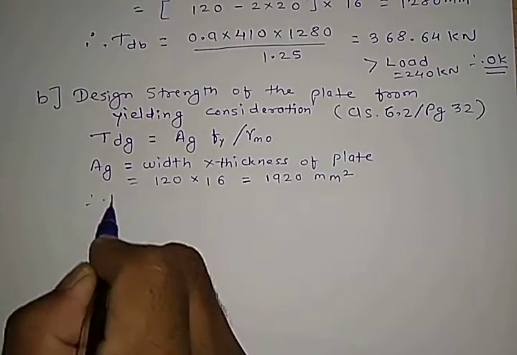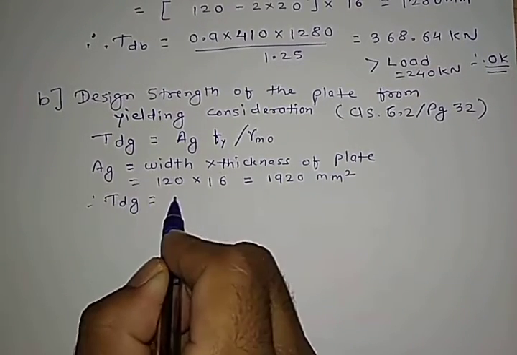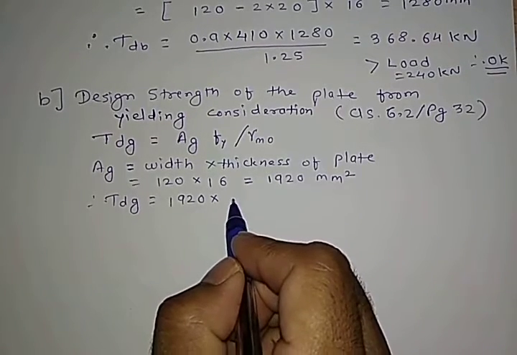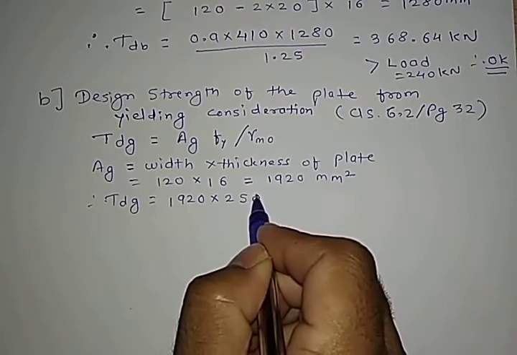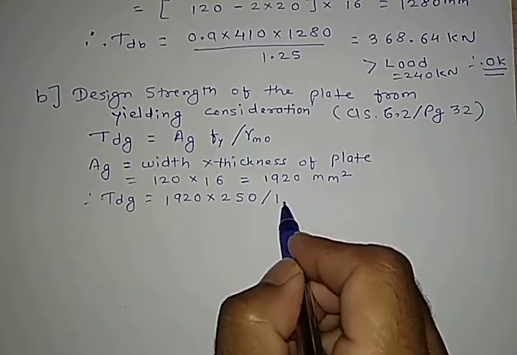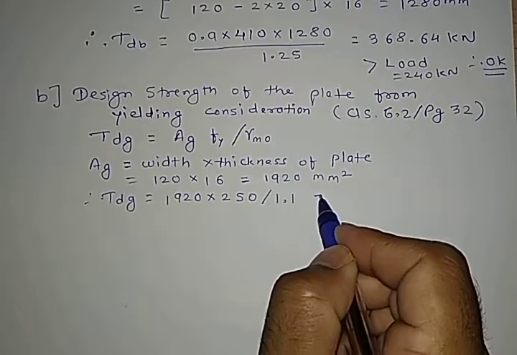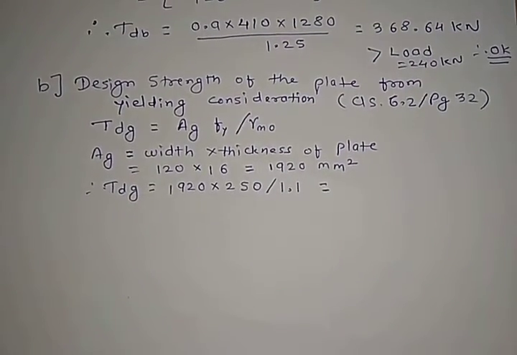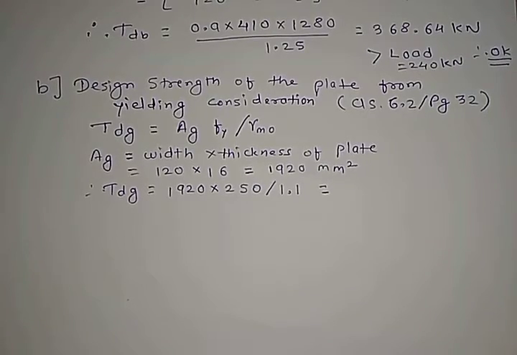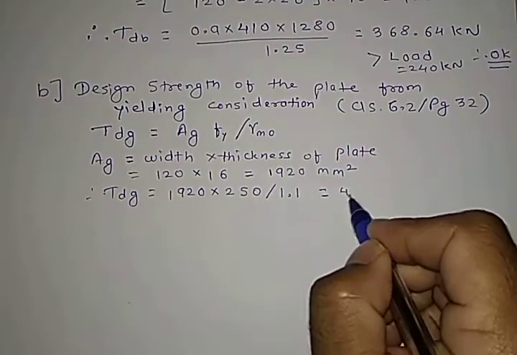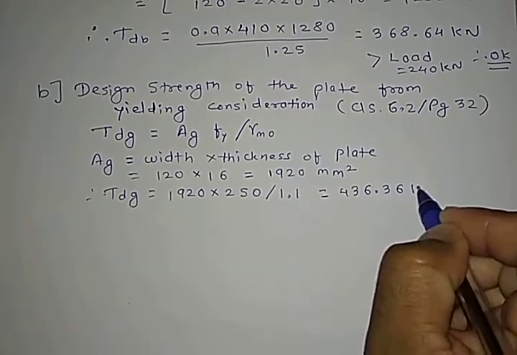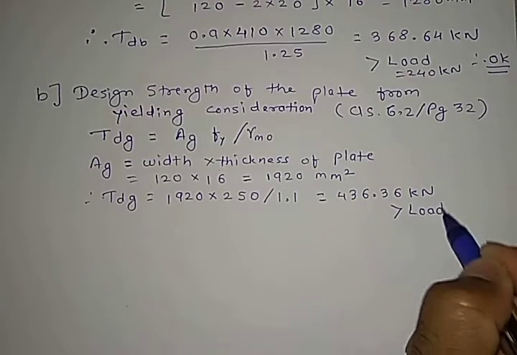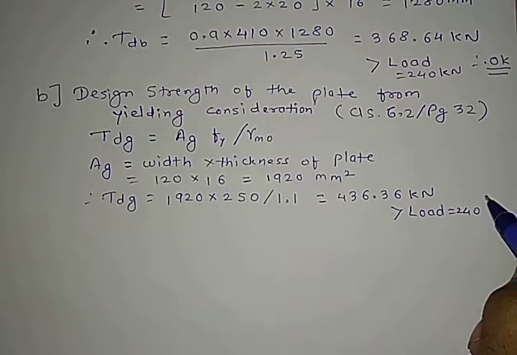And therefore now you can calculate TDG, which equals 1920 into Fy, the yield stress, which in terms of steel is 250, divided by gamma MO 1.1 as per table number 5. If you calculate this value, you will get around 436.36 kilonewton, and this has to be again greater than the load value, which equals 240 kilonewton.